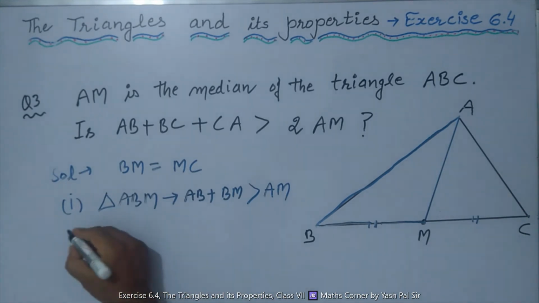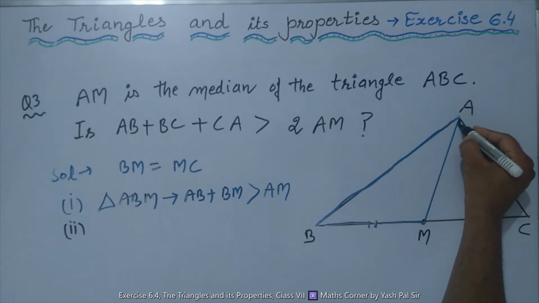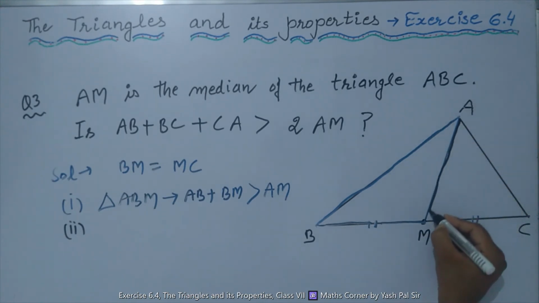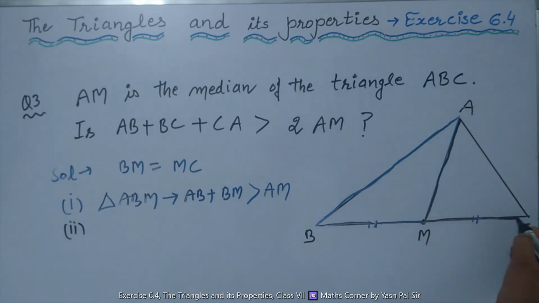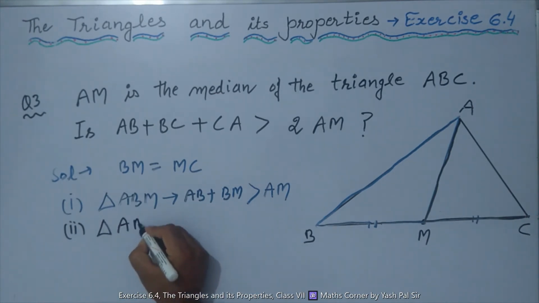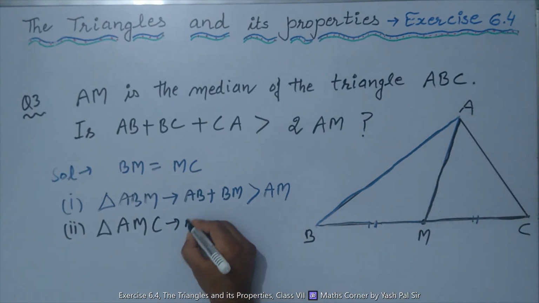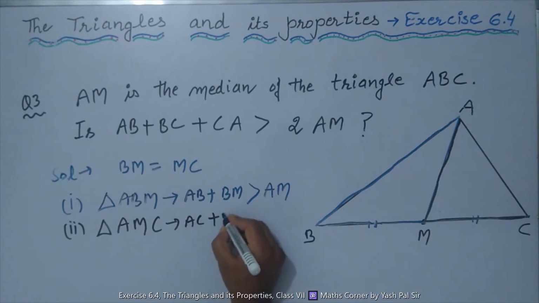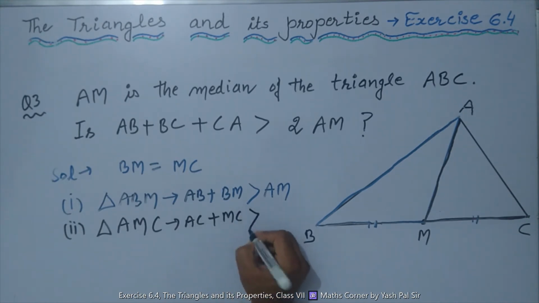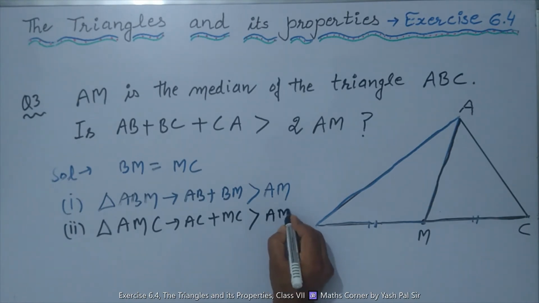Now we take the second triangle, triangle AMC. Here AC plus MC is greater than the third side, which is AM. Right?